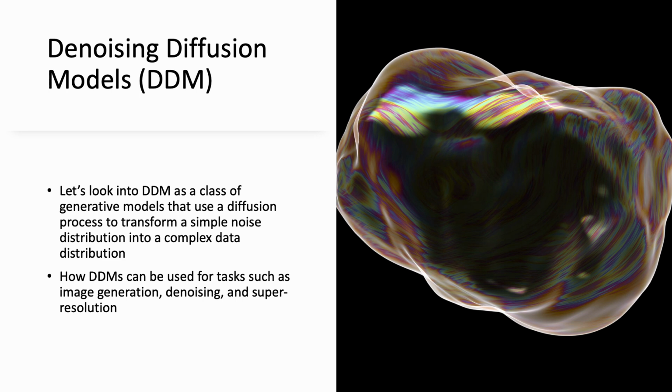The DDM can be a tool that helps to restore or enhance old or damaged photographs. The user could input a photograph that is blurry, faded, or has scratches or tears, and the DDM tool would use a denoising diffusion model to gradually refine the photograph, removing the noise and the damage and restoring the original image.